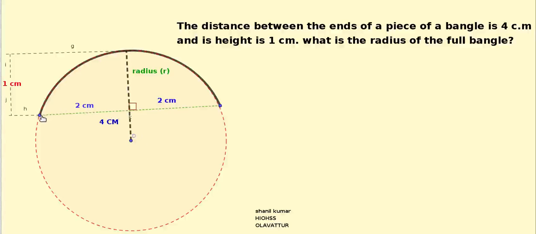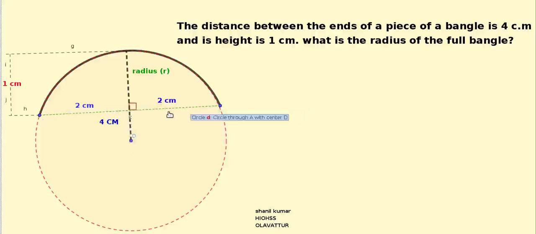This line is the distance between the two endpoints, and the radius divides it into two equal parts. How? We already know that the perpendicular from the center to a chord bisects the chord into two equal parts.